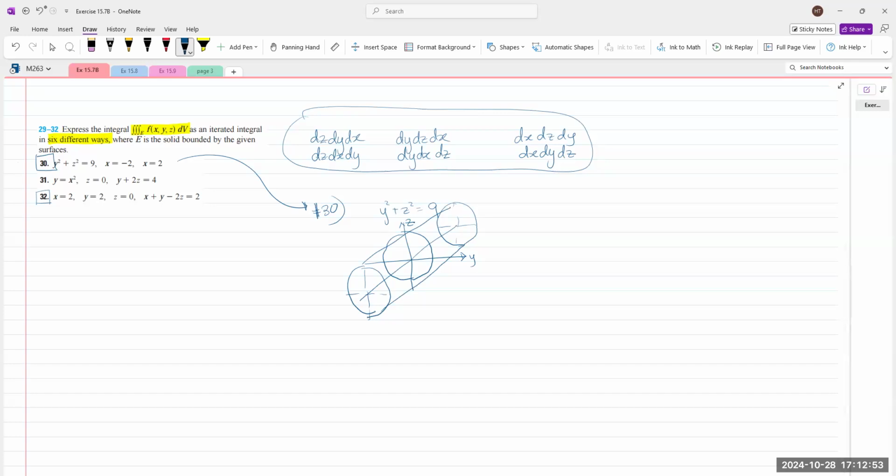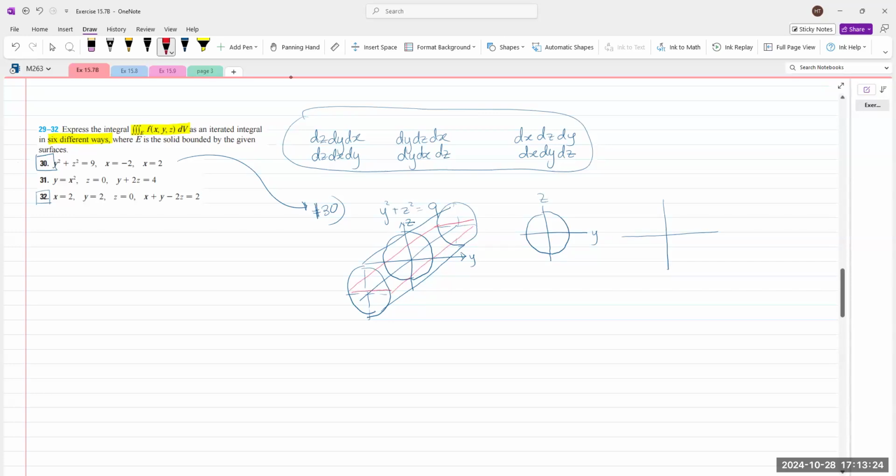Okay, so if we take a look on the yz plane, it is actually a disk, right? Think about this. On the xy plane, if you project this cylinder shape on the xy plane, it actually looks like a rectangle. Do you notice that?